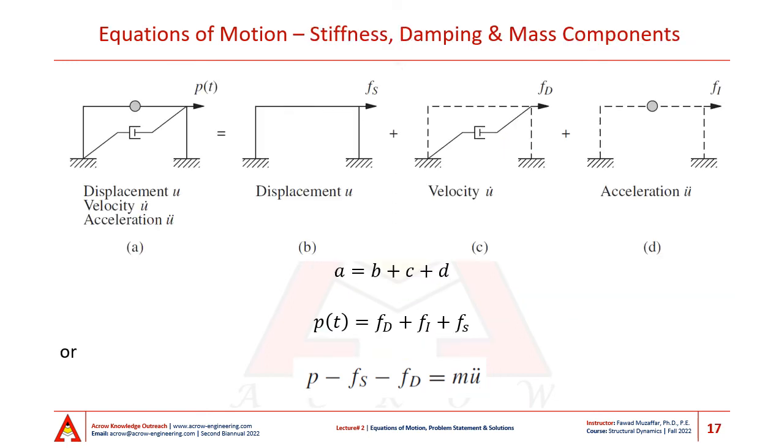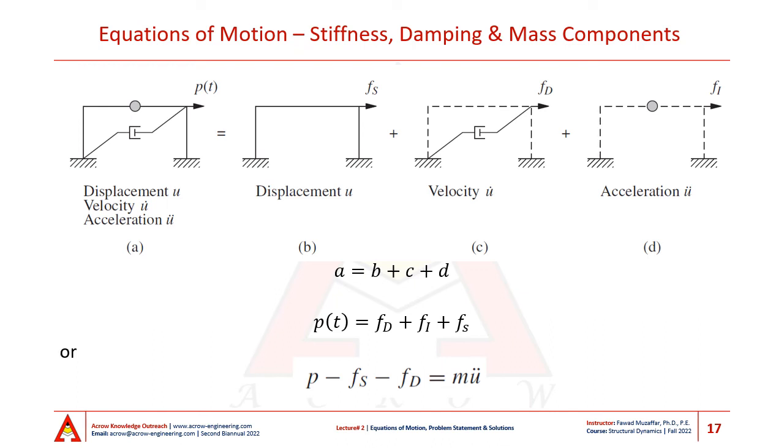Okay. The third philosophical approach is to take our single degree of freedom system and break it down into its different components, while realizing that the deformation in all of those components of the master system are equal to each other.